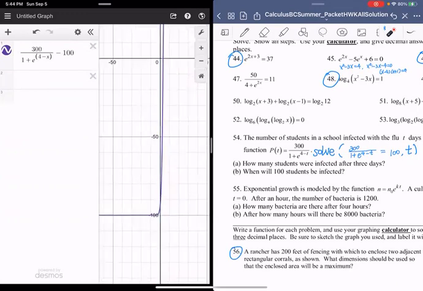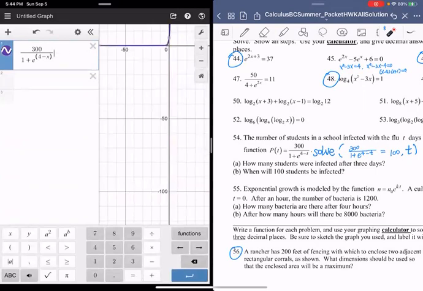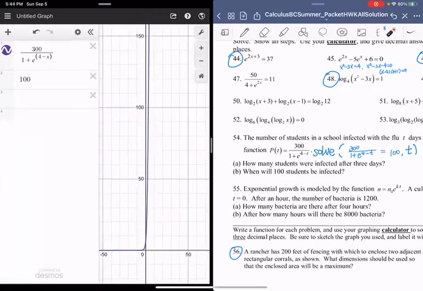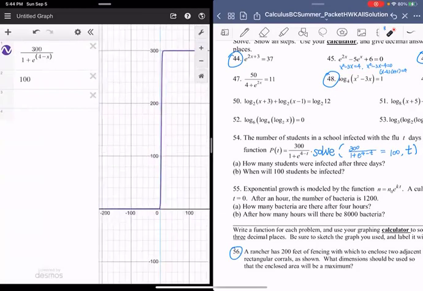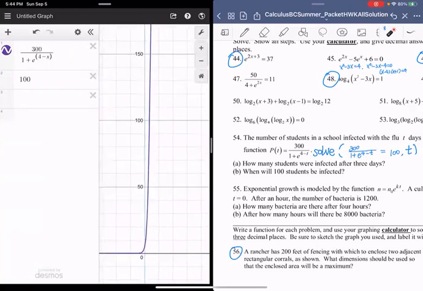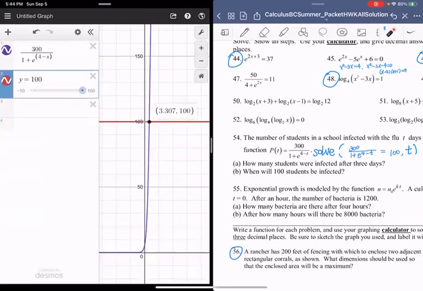What's going on? Oh, because I didn't type in y equals. Yeah, so you look for these crossing points. That's how you solve by how many days you reach 100 students infected, okay?